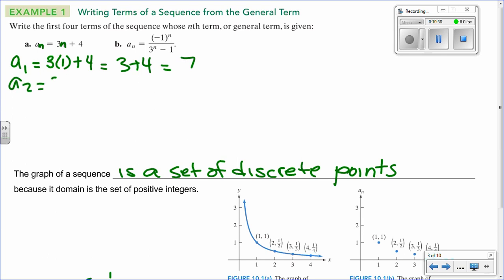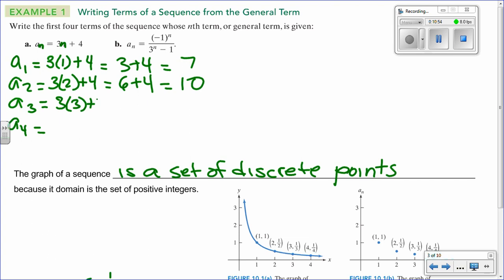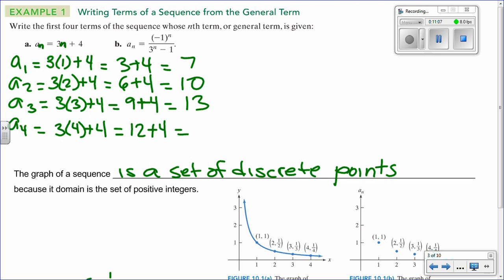A sub 2 is going to be 3 times 2 plus 4, so that will be 6 plus 4, 10. If you want to do them on your own and then check with mine, that's perfectly fine. So 3 times 3 plus 4, 9 plus 4, and that is 13. Next one, 3 times 4 plus 4, so that will be 12 plus 4, and that is 16.